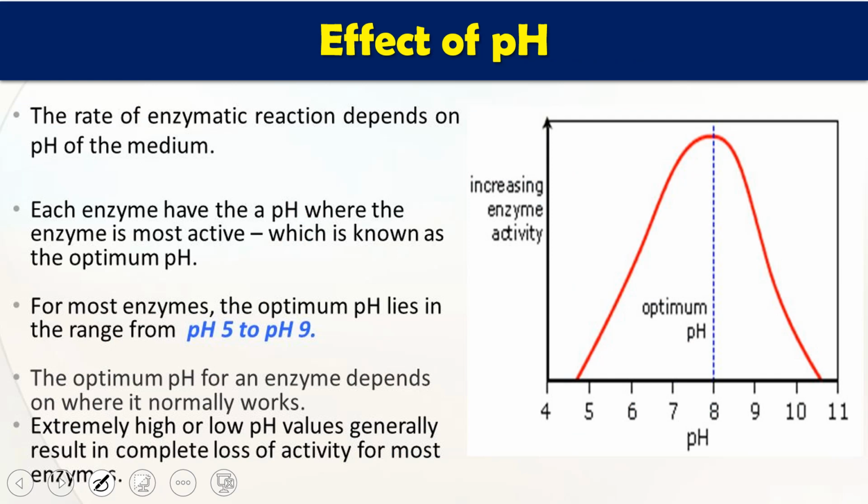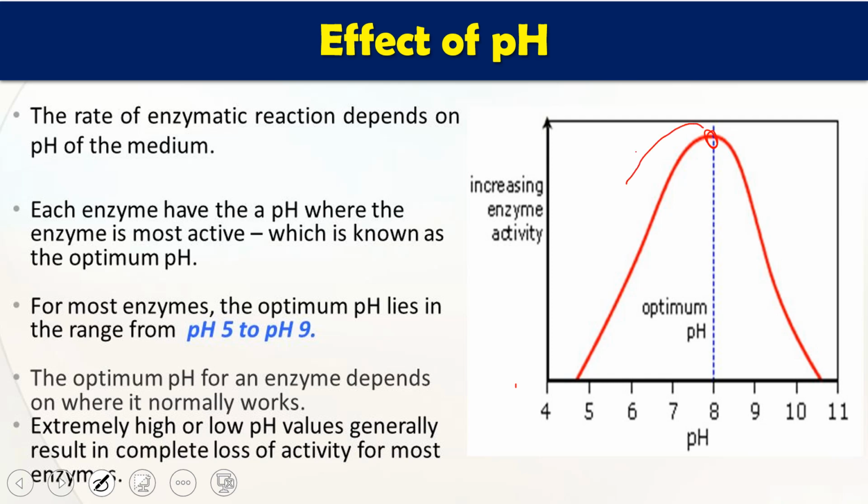Similar to temperature, for every enzyme there is an optimum pH, meaning different enzymes work at different pH. For every enzyme we have an optimum pH where its activity will be maximum. Like in this case, for any enzyme this is the optimum pH.